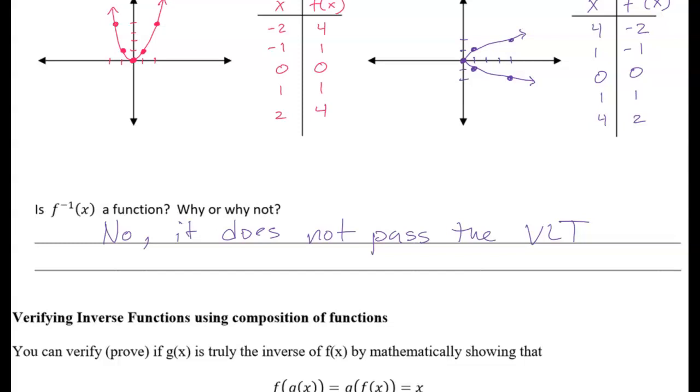I see over there, hand, way in the back. We could have performed the horizontal line test on the original, and it would have already told us, no, the inverse is not a function. And the original function, OG function, does not pass the horizontal line test.